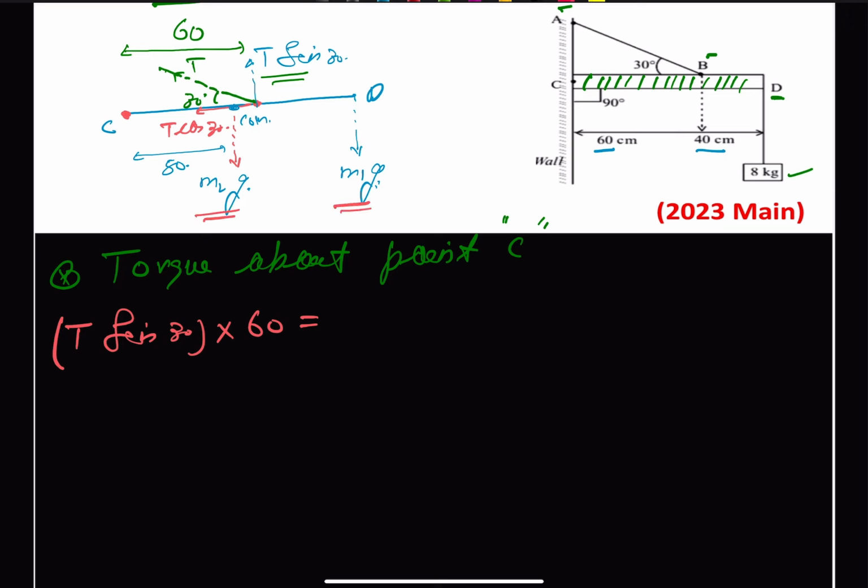The first one is m1g at a distance of 100, plus the second one m2g at a distance of 50.